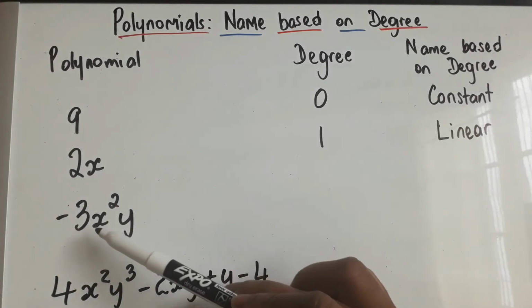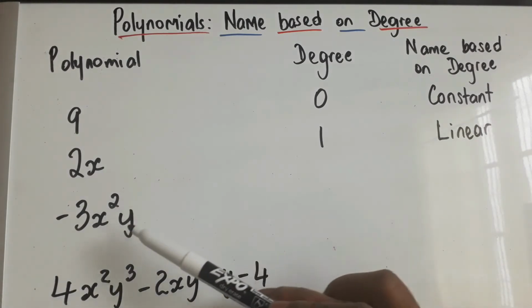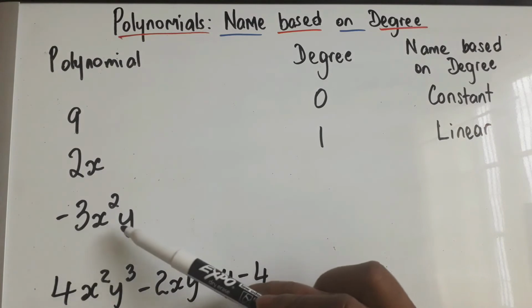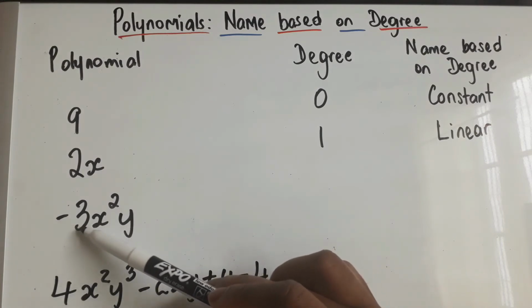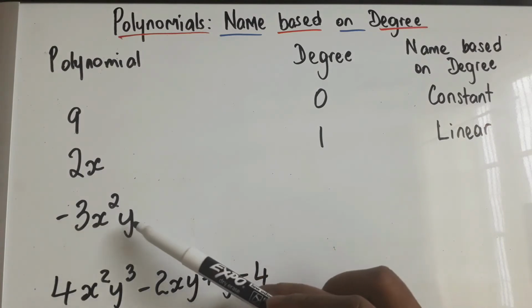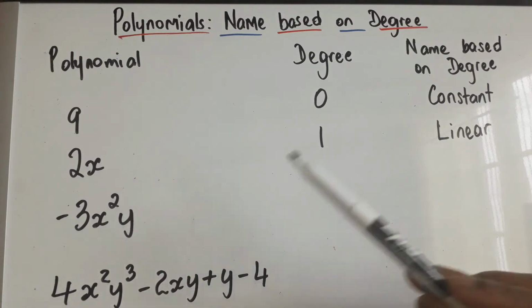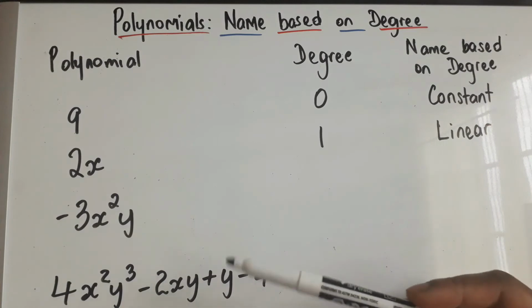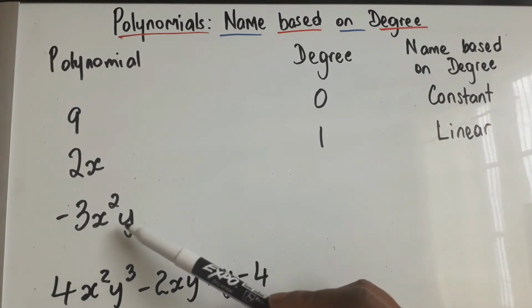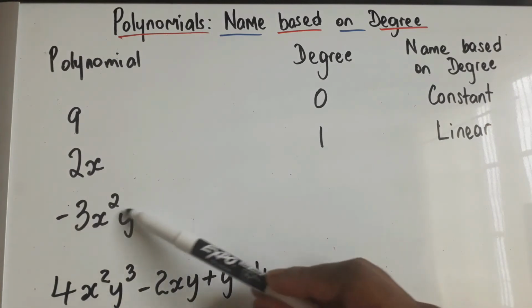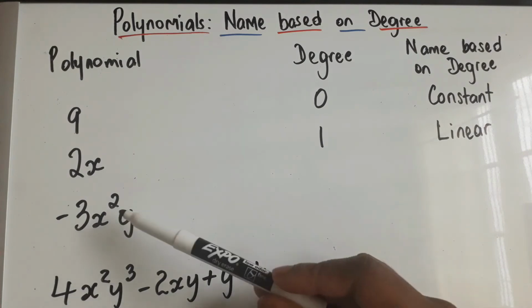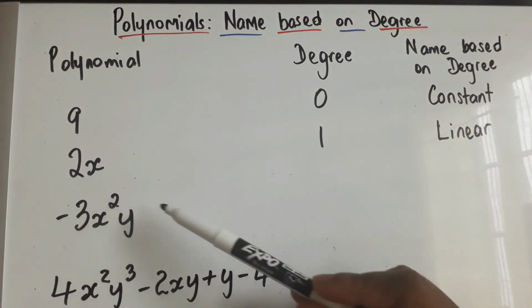For this next polynomial, guys, it's just one term. However, this term is made up of an integer as well as 2 different variables. Now, each of these variables has its own exponent or power. So to determine the degree of this polynomial, we will have to combine the exponents of both variables.